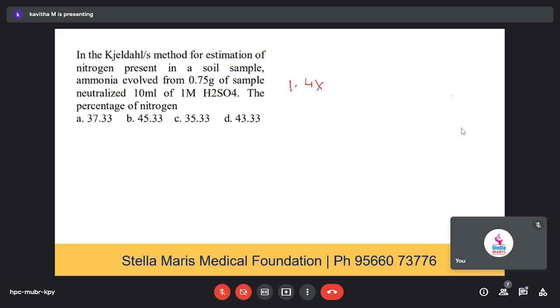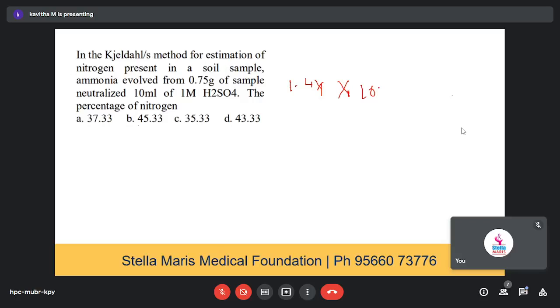So 1.4 into the strength of sulfuric acid, 1, into the volume of sulfuric acid, that is 10 ml, and divided by the weight of the sample, right?